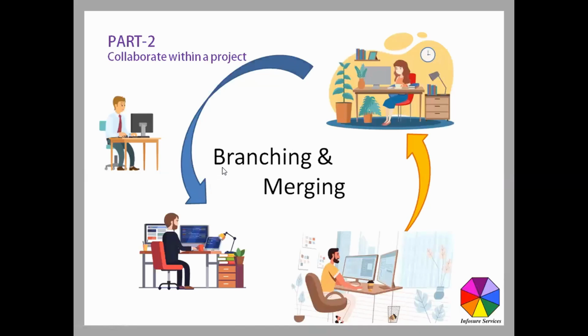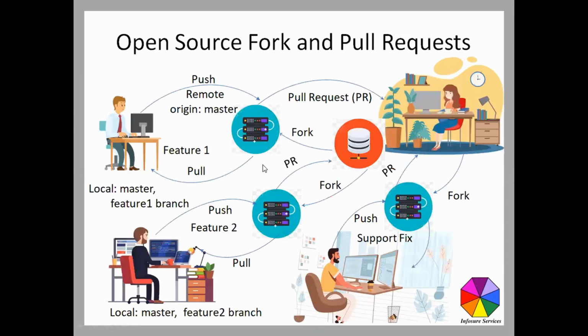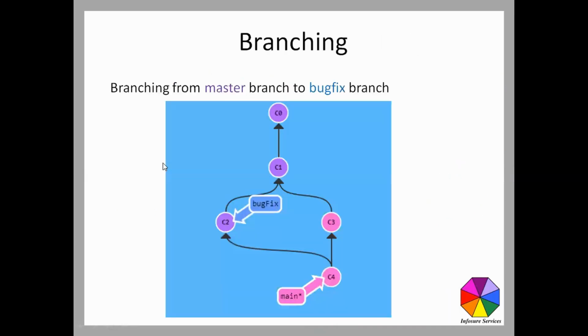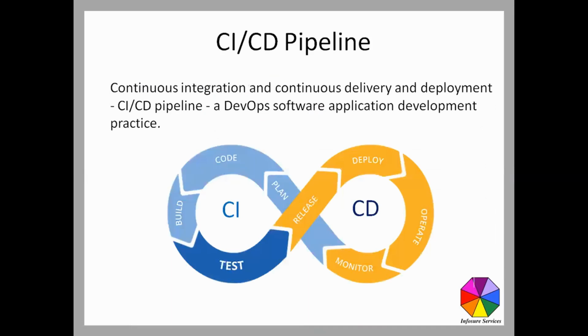You can learn branching and merging so that you have the skills to collaborate within a project. We looked at this in terms of features, and this is how it looks in real time. So these are the concepts for Git and GitHub.